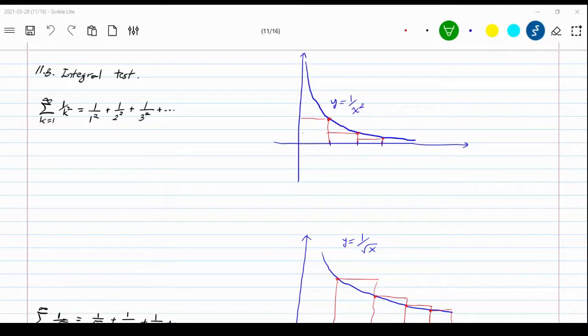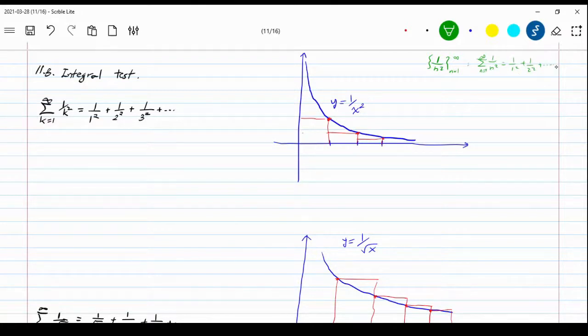For example, if you look at the sequence of 1 over n squared, n from 1 to infinity, and they ask you to find the sum of this sequence, basically asking for the series that corresponds to 1 over n squared, n from 1 to infinity, which is 1 over 1 squared plus 1 over 2 squared, and so on.